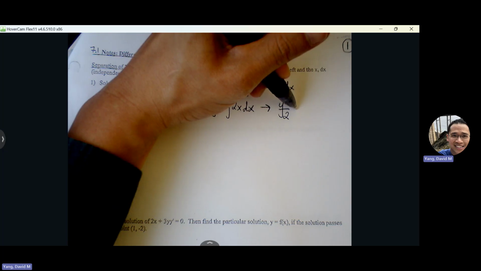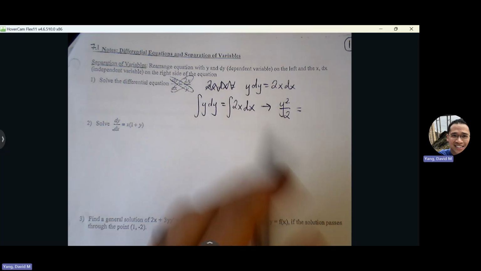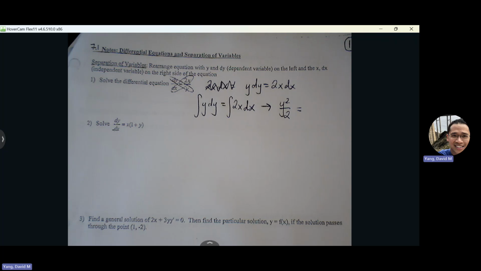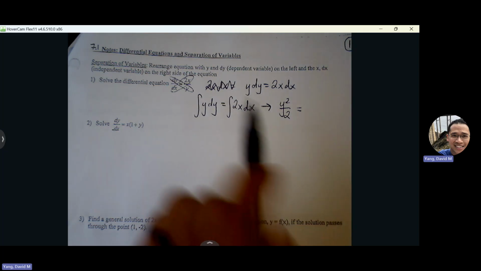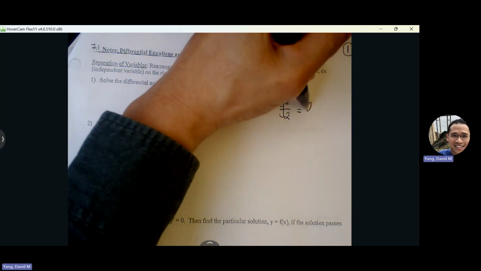Technically there's a plus c, but we're just going to have plus c show up on the right side, because a plus c on the left and a plus c on the right, merged together, is still some constant. So we always force the plus c to show up once on the right side. How about the 2x here? What's the antiderivative? Yep.